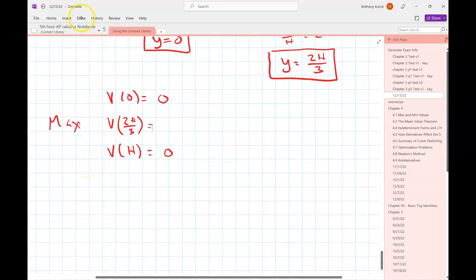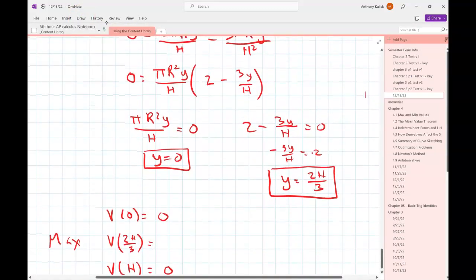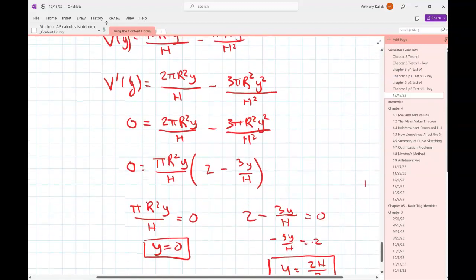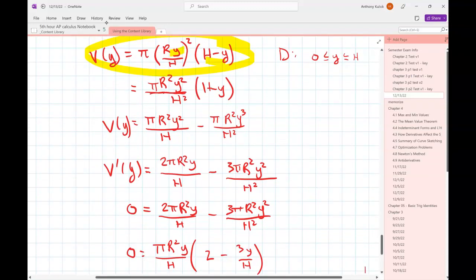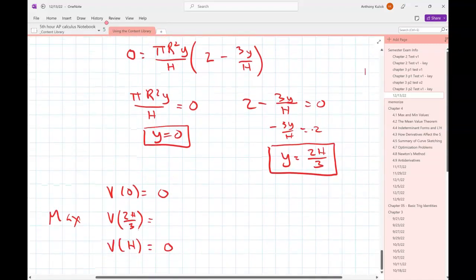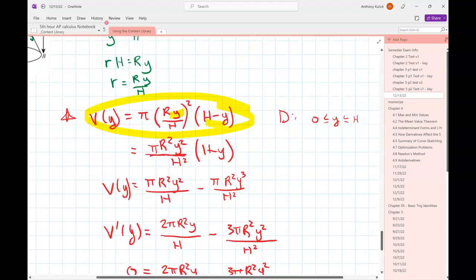So now all that's left for me to do is to plug in 2h over 3 to find the actual volume. I guess I'll use this guy up here. So I'm going to have pi and then r times 2h over 3 over h squared. Is that right?